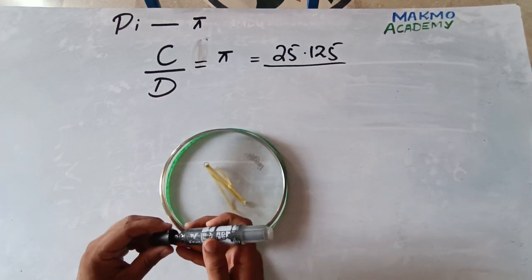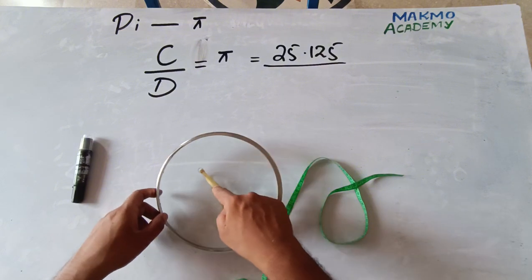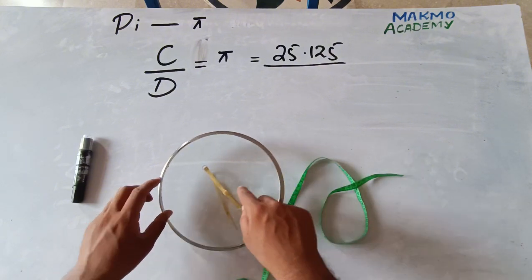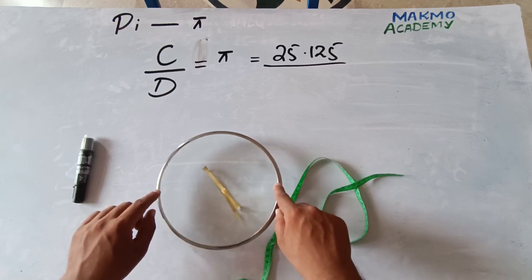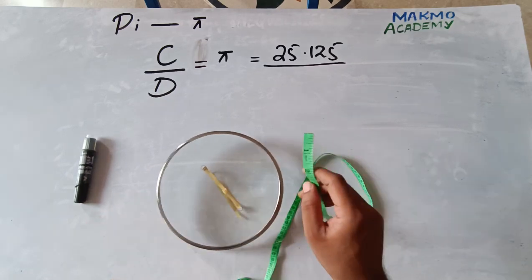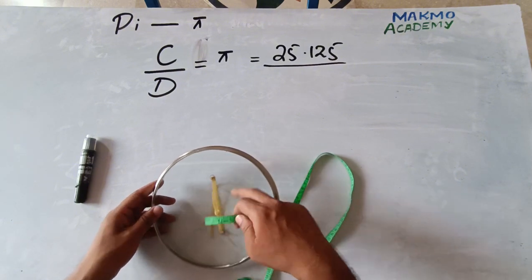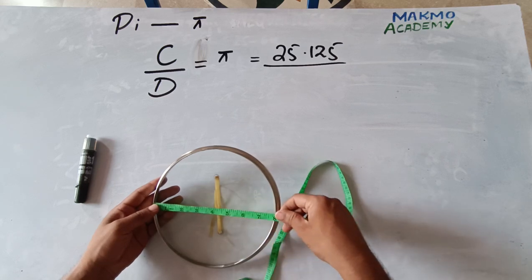This is divided by its diameter. Now let's calculate its diameter. As you know, from the center point till any corner point it's the radius, and the diameter always passes through the center and touches the corner of the circle. Right now we don't have any center point, so I am assuming the center over here between these two holes. So I will measure from this corner till this corner.